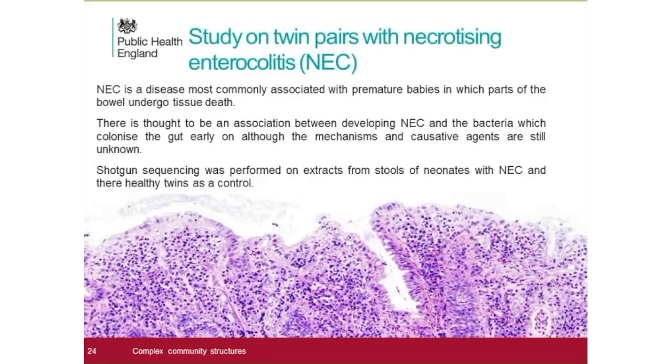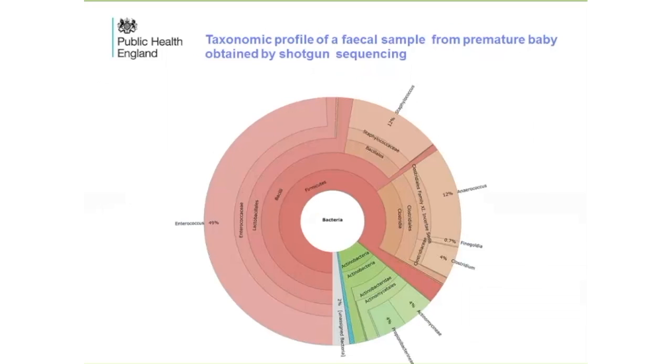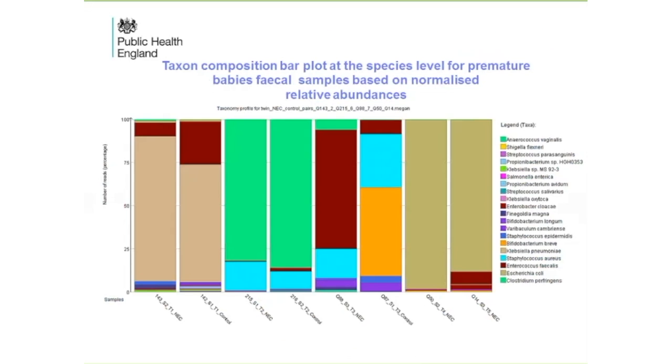We took this further by comparing pairs of premature twins, where one of the children had necrotizing colitis, and the other one was healthy. We collected stools from these, and we characterized the flora among them, and we found we can get 25 to 30 taxonomical groups, with enterococci, staphylococci and others being the main dominant ones in premature babies.